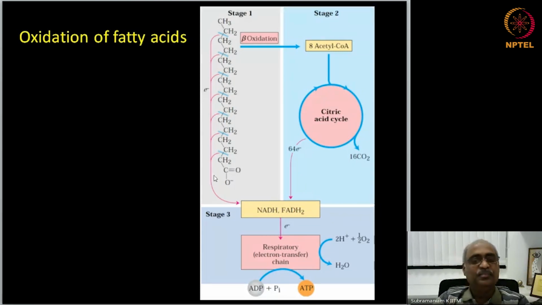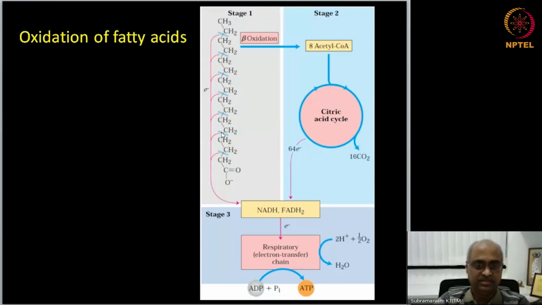Since this is the beta carbon and oxidizing this is what happens here, that is why it is called beta oxidation. So we will look at the individual steps of the beta oxidation. Essentially these 2 carbons will be broken off as acetyl-CoA and the carboxylic acid will be with this.